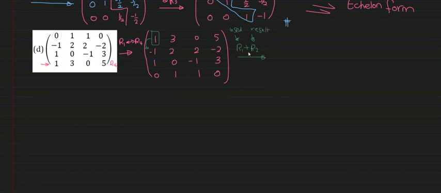So the first row is unchanged, we will copy it. Row 1 plus row 2: this is 0. It's a direct addition. 3 plus 2, this is 5. 0 plus 2, that is 2. And 5 minus 2, this is 3.